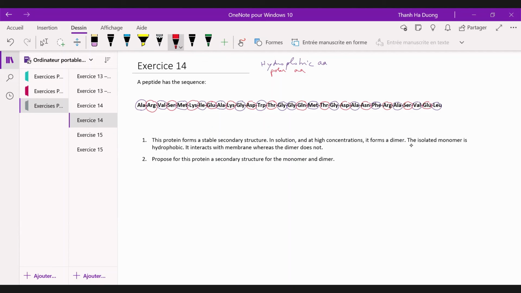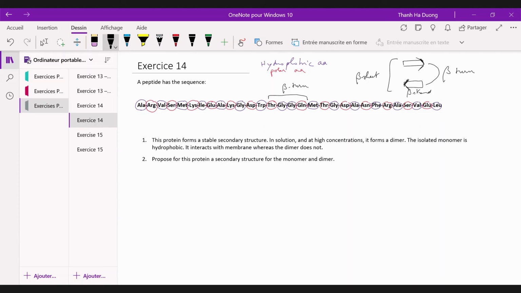And you have Gly. I told you that the presence of glycine is usually due to a beta turn. So here you will have a beta turn, and if you have a beta turn, it means usually that you will have a beta sheet. Beta strand here, beta strand here. So the whole is a beta sheet.